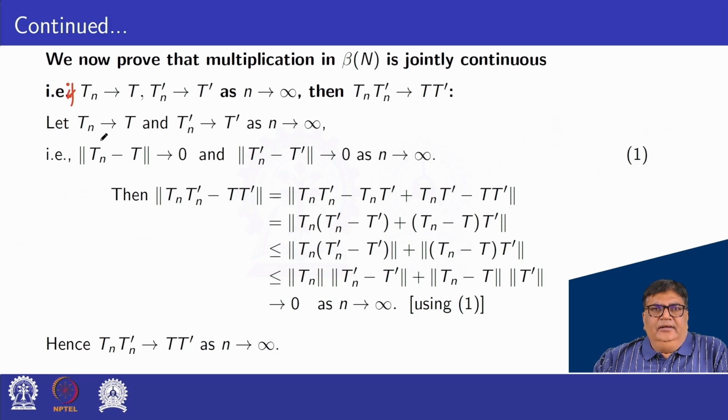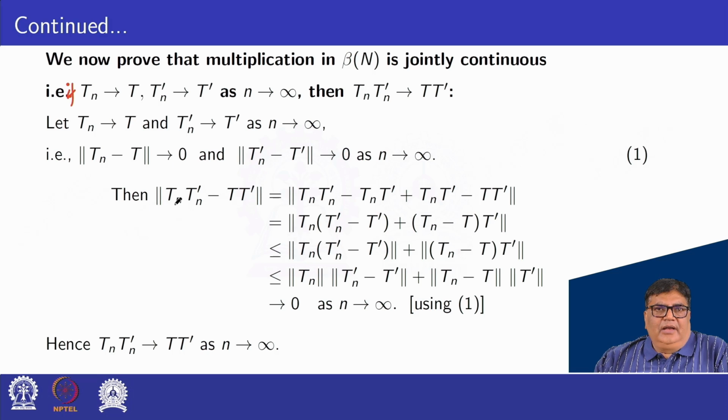Let Tn converge to T and Tn dash converge to T dash as n tends to infinity in B(N). The meaning of this is norm Tn minus T converges to 0 and norm Tn dash minus T dash tends to 0 as n tends to infinity.